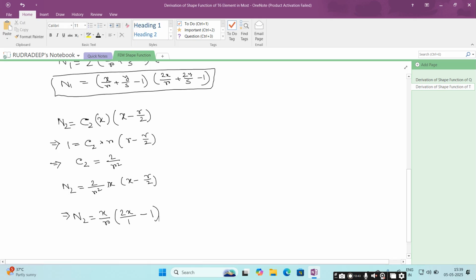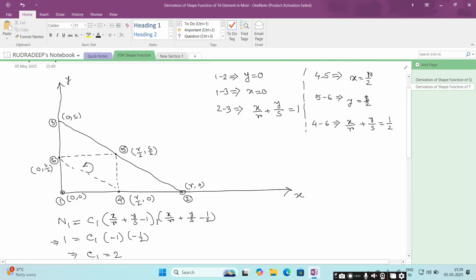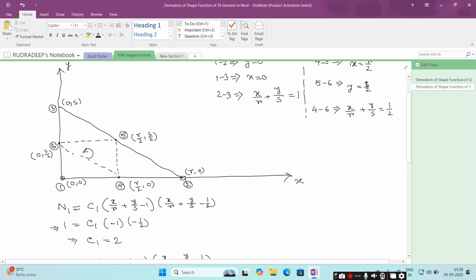Let's check once again. That is x by r, and 2 by r I took inside. So it would be 2x by r minus 1. So fine, I got the shape function for node 2. If we look carefully, node 2 is at the x-axis and node 3 is at the y-axis, in a similar way.